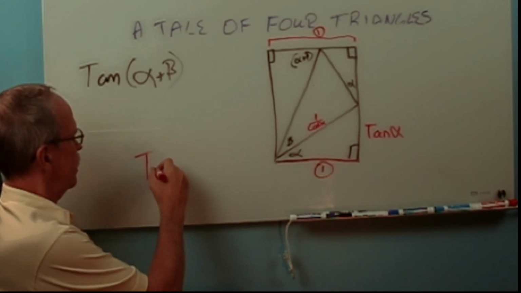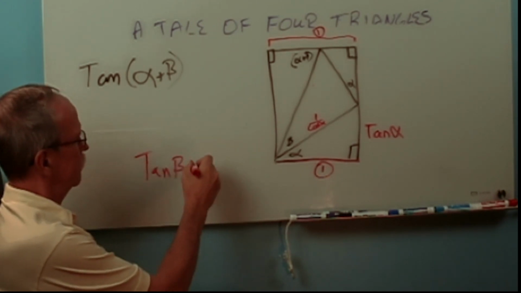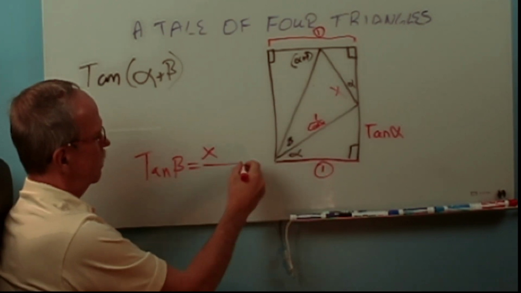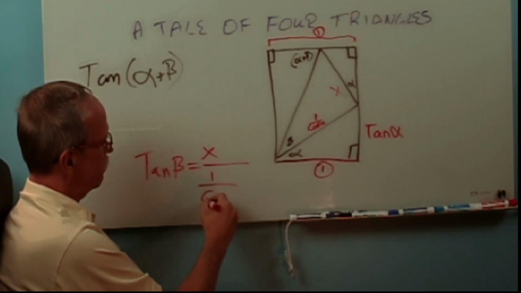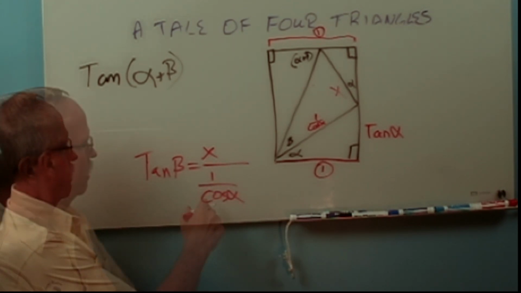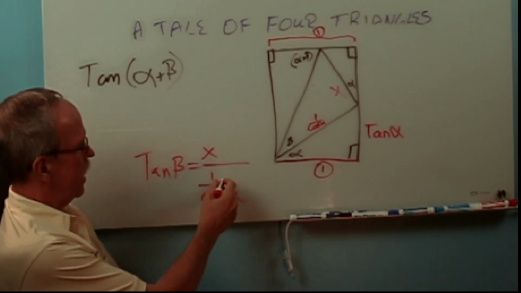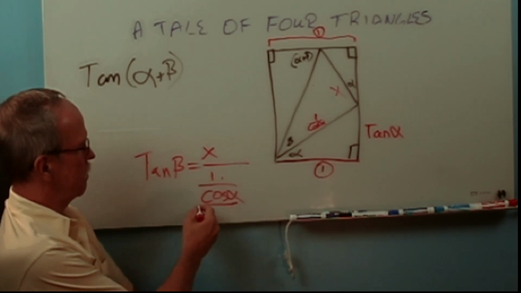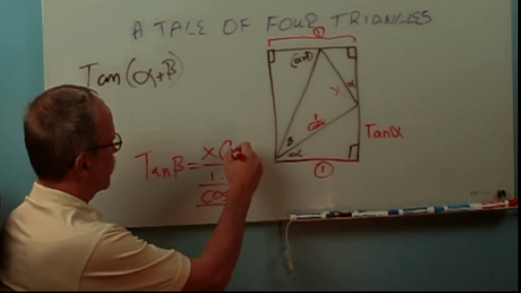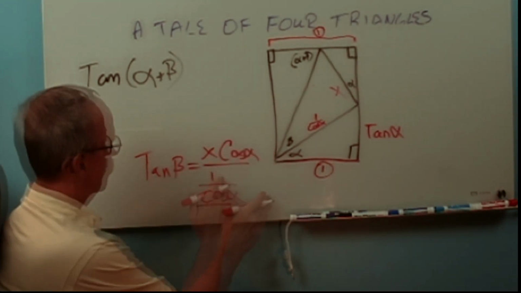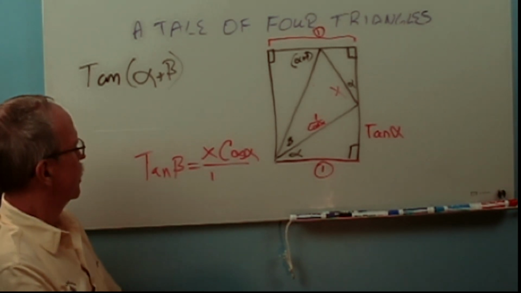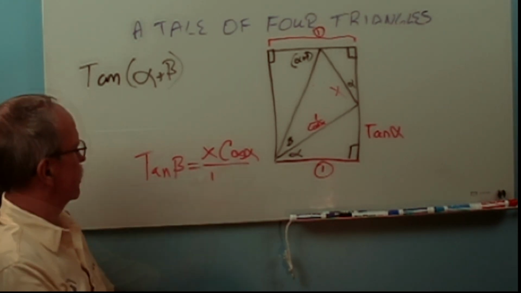So we have tangent beta equals x over 1 over the cosine of alpha. How are we going to address this? We know that when you divide by a fraction, it's the same as multiplying by the reciprocal. So x cosine alpha over 1 is tangent beta. So what's x?